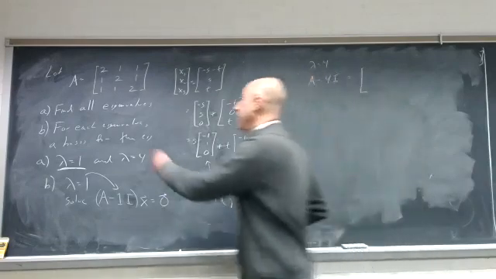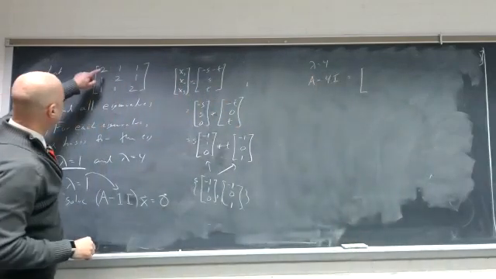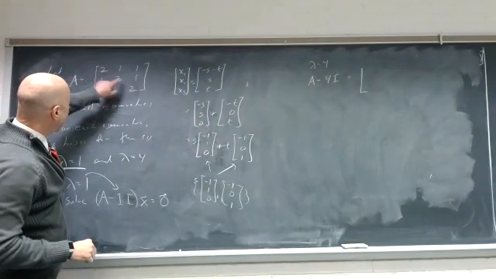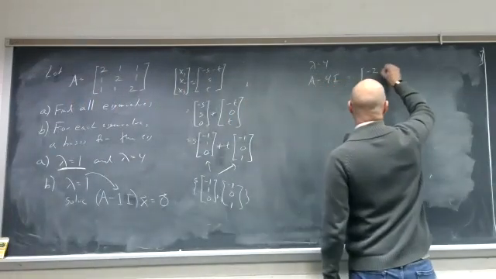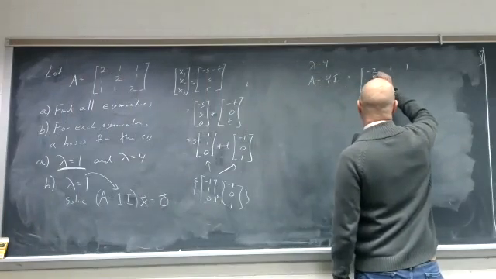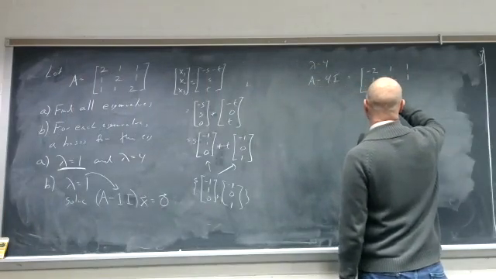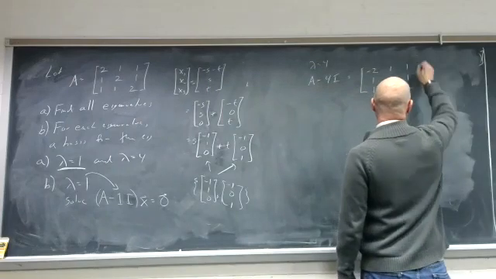So if I take this matrix and subtract off 4s on the diagonal and 0s everywhere else, I end up with minus 2, 1, 1, 1, minus 2, 1, 1, 1, minus 2.